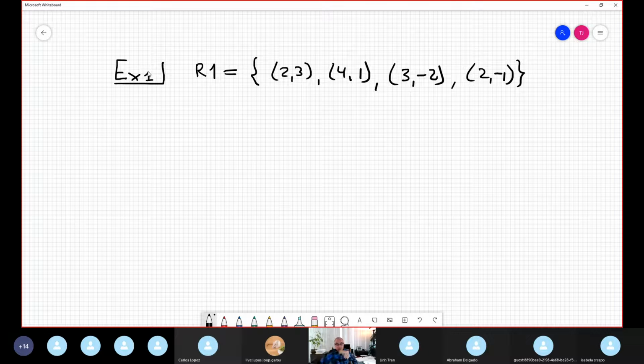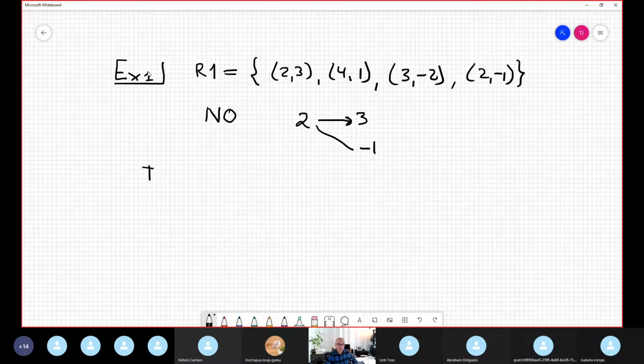No, because it's one-to-many. What is the problem? The problem, I suppose, is 2, right? 2 is associated with 3, and also 2 is associated with negative 1. This is the problem. Okay.